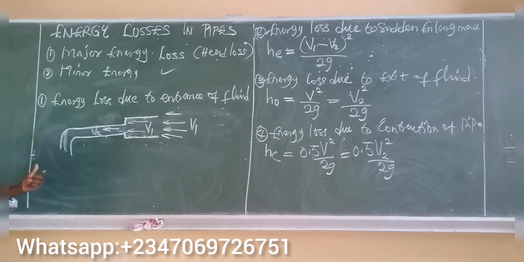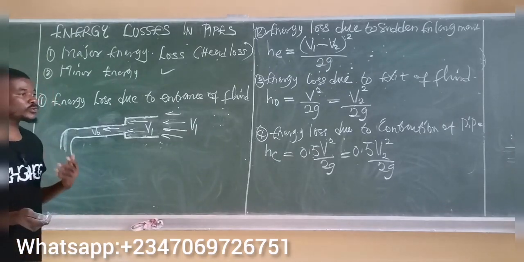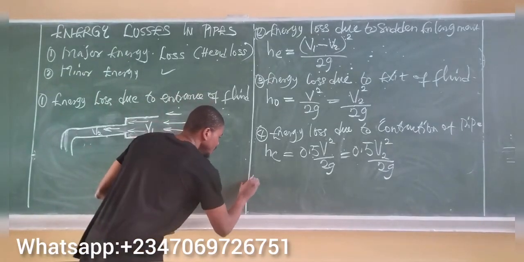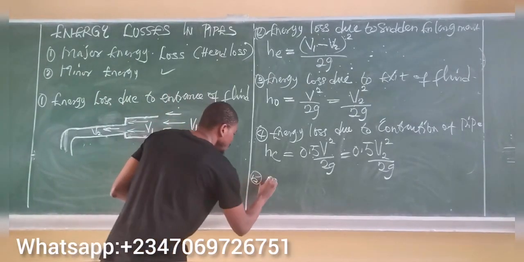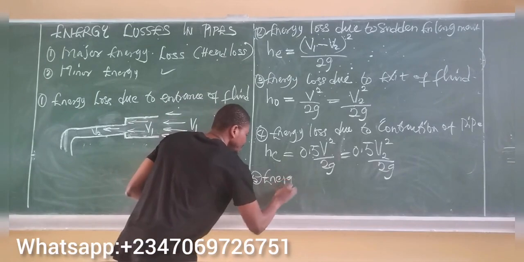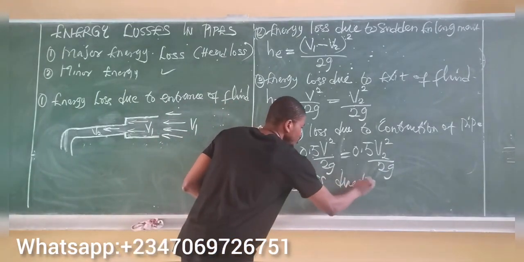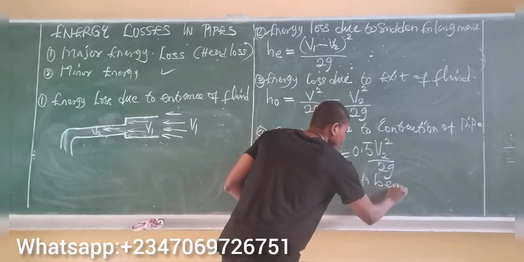Therefore, this bend constitutes another form of minor energy loss. That's the fifth minor energy loss, called the energy loss due to bend.